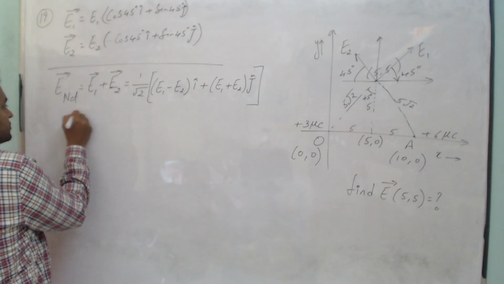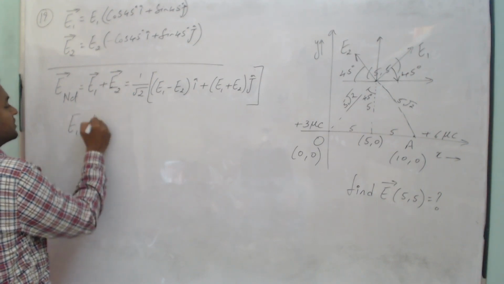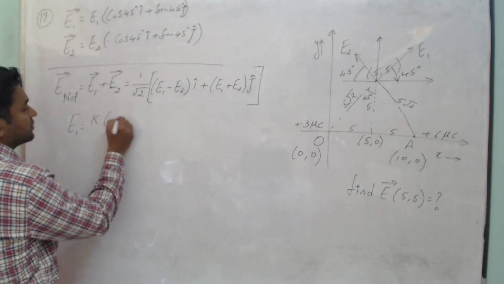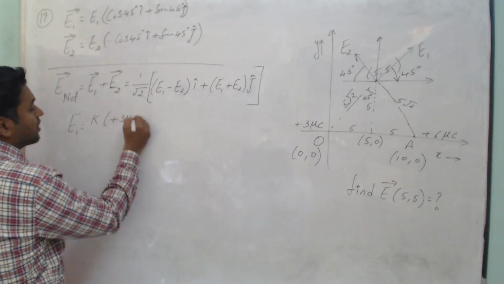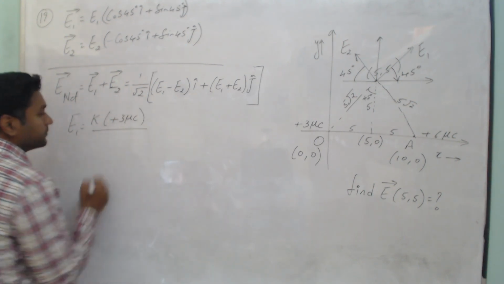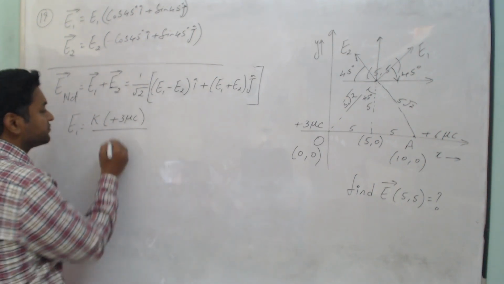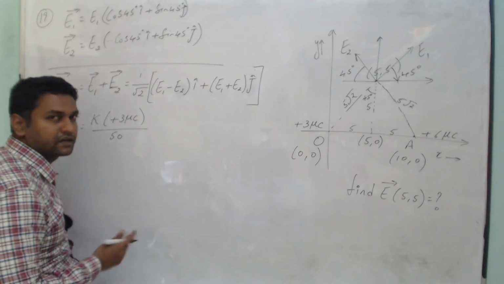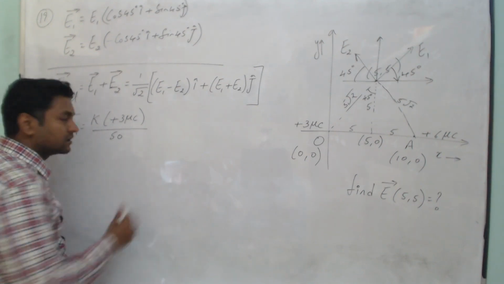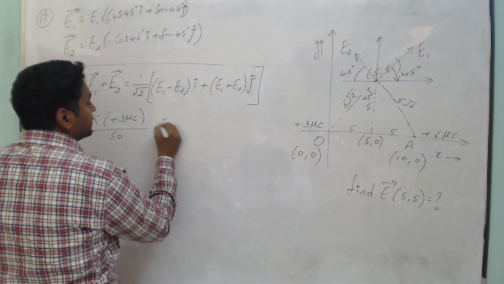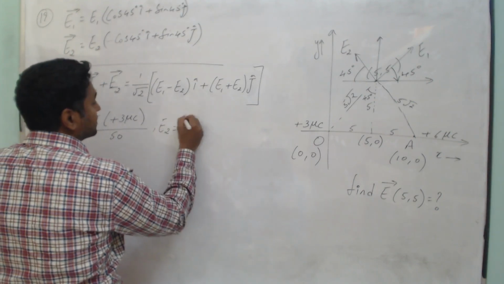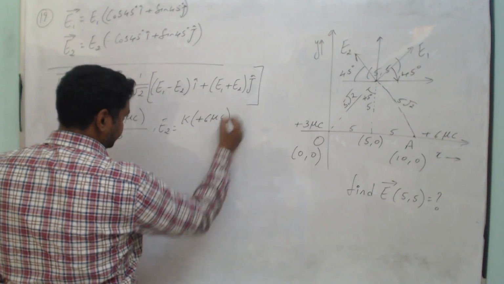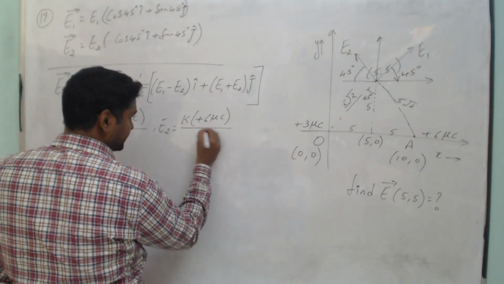First, let us do what is E1. E1 is K, charge is plus 3 microcoulomb, divided by distance square, which is 5 root 2 whole square. I think directly we can keep it as 50. Similarly, E2 is equal to K times charge plus 6, again distance square is 50.